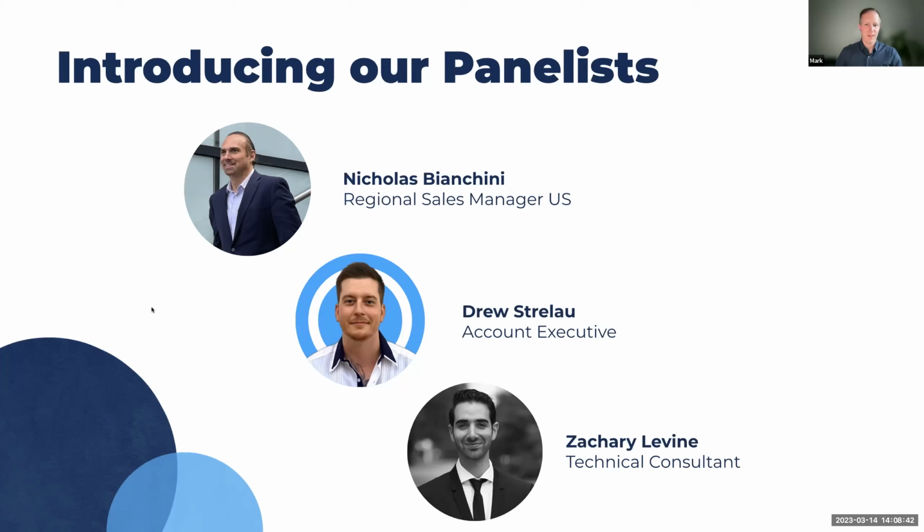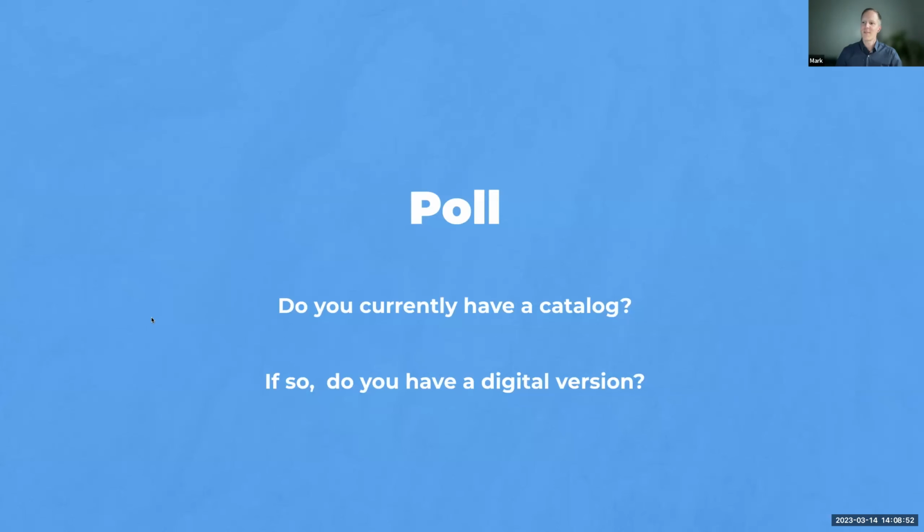Then we can move over to the official part of the webinar. We have to keep it interactive, as the team goes towards interactive. We have some polls for you during the session. To start off, we have a double poll. Question number 1, do you currently have a catalog or do you use a catalog? And the second question is, do you actually have and use a digital catalog? I see some answers coming in.